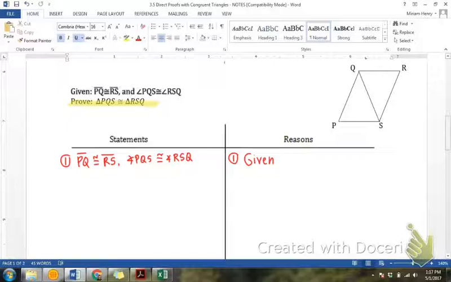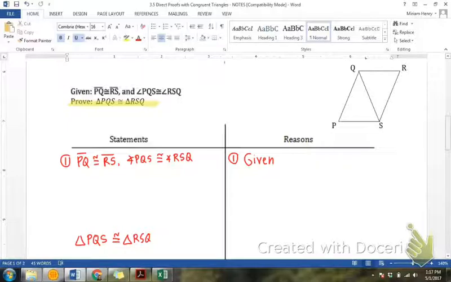So I can leave some space and write triangle PQS is congruent to triangle RSQ. I'm going to get some points on my test for even writing the closing statement. Even though I don't know what the reason is, even though I don't know how many steps down it is, I know it goes at the very bottom. Okay? So we can write that, and then we can fill in the numbers as we go on.